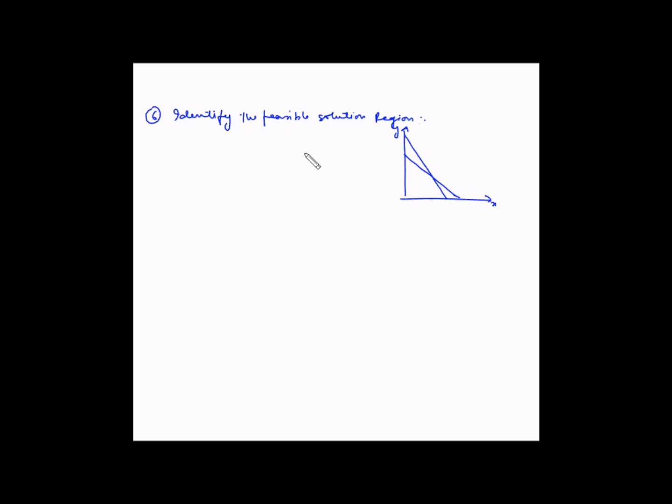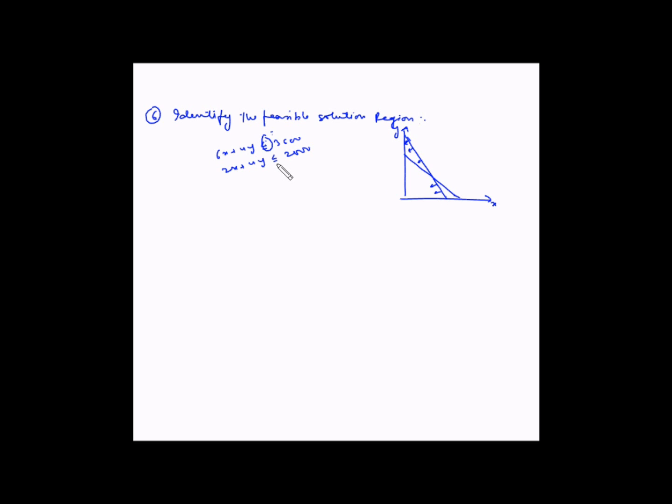Now suppose the first constraint was 6x plus 4y is less than or equal to 3600, and the next constraint was 2x plus 4y is less than or equal to 2000. So now this line represents a sign of equal to. So for less than or equal to, the region for one of the constraints would be the points on the line as well as the points below this line, so this area here.